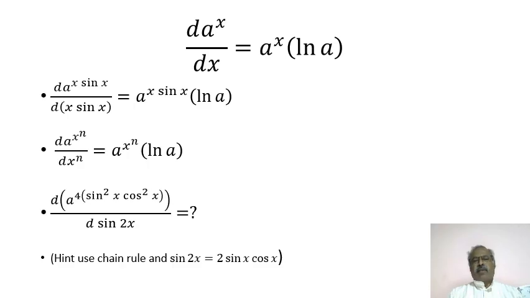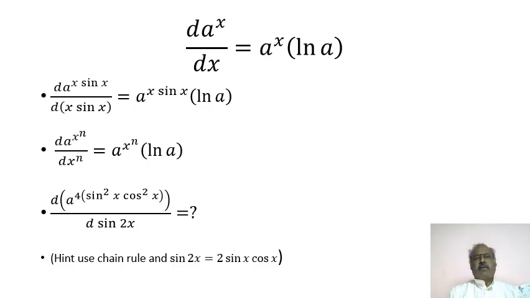Let us begin with the case of the function being x sine x. There is nothing sacrosanct about x. You can use other symbols: y, z, t, whatever you feel like. So the derivative of a raised to x sine x with respect to x sine x will equal a raised to x sine x times log a.